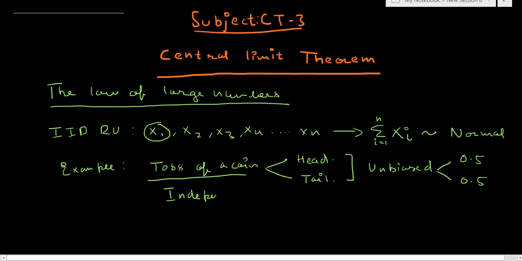They are independent because one toss does not influence another, and each toss has a probability of 0.5 for a head and 0.5 for a tail, so they are identically distributed.